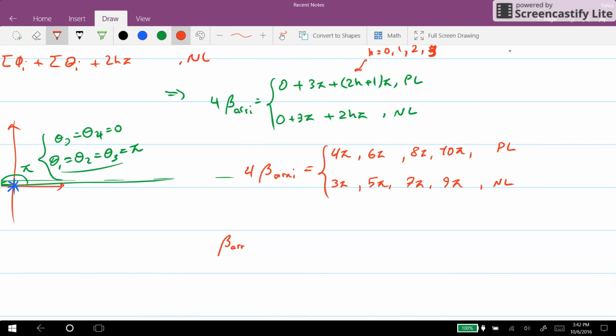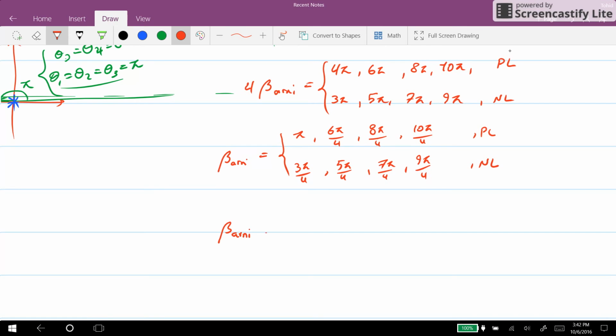Beta arrival will be equal to everything divided by 4: pi, 6 pi over 4, 8 pi over 4, and 10 pi over 4, and 3 pi over 4, 5 pi over 4, 7 pi over 4, and 9 pi over 4 for the negative locus.